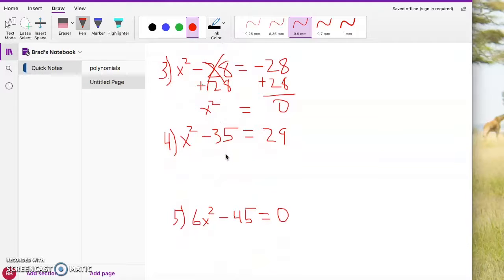We have two left. This one, x squared minus 35 equals 29, starts off pretty similar.